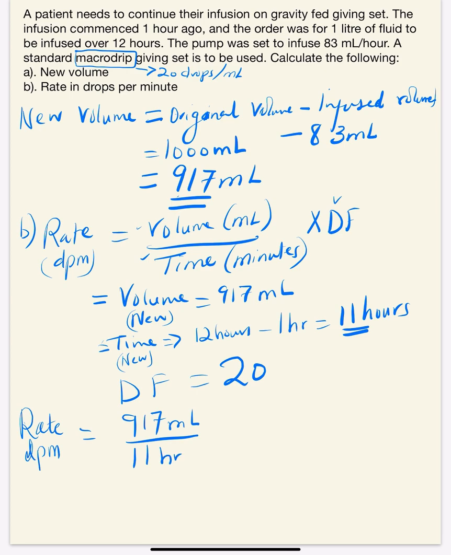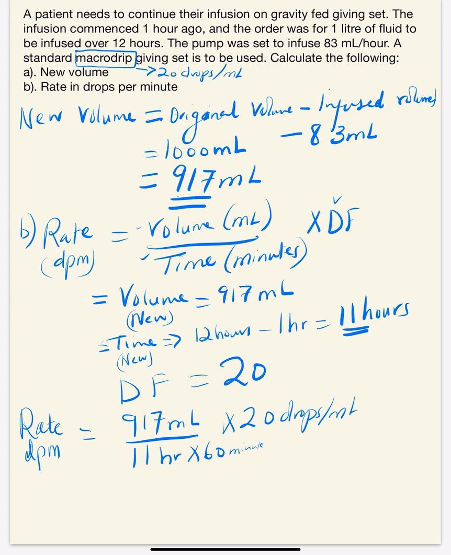But we need to change this into minutes, so you multiply by 60. There are 60 minutes in 1 hour, so we're multiplying by 60 to convert these hours into minutes. Then you multiply by your drop factor, which is 20 drops per mil.